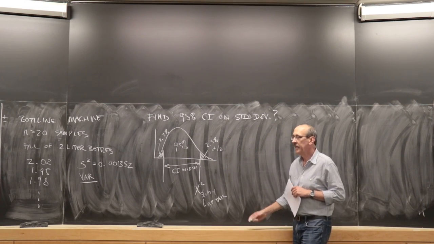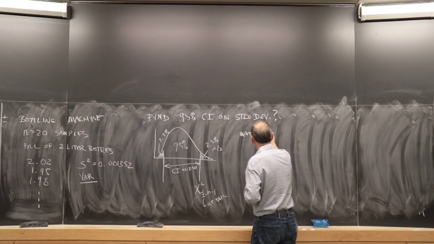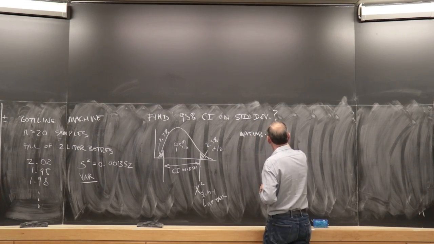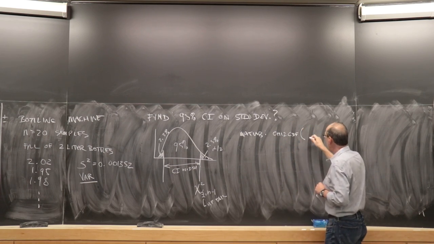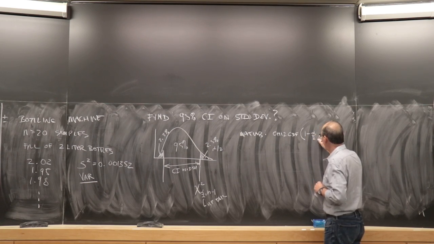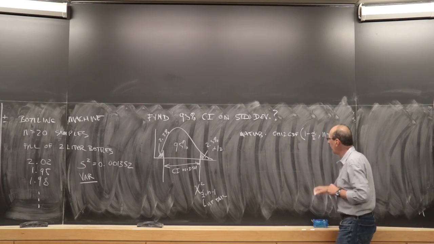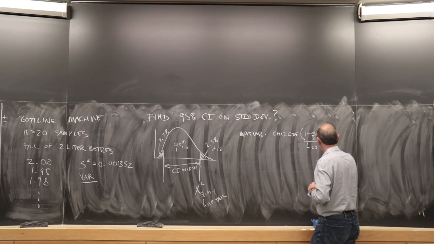Okay? If you use MATLAB, then you'll use chi2CDF, and you'll put in here the 1 minus alpha over 2 and n minus 1. This is the lower tail.